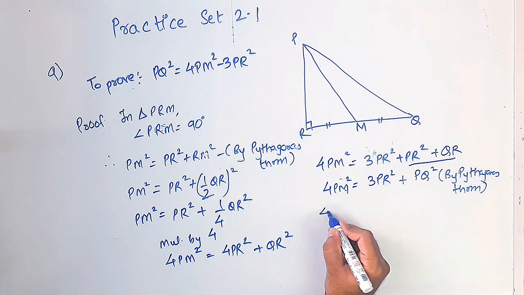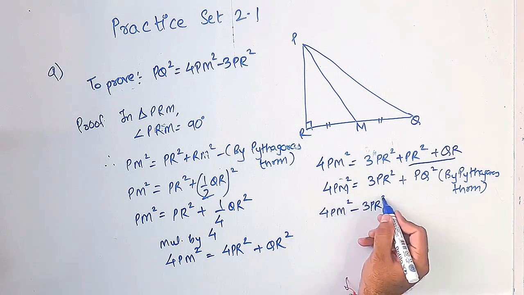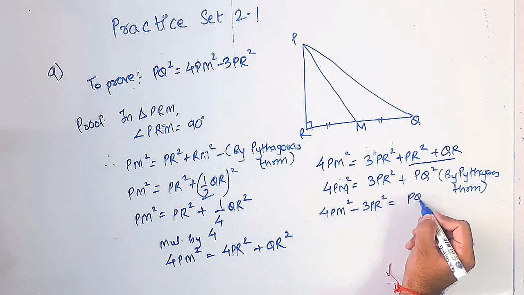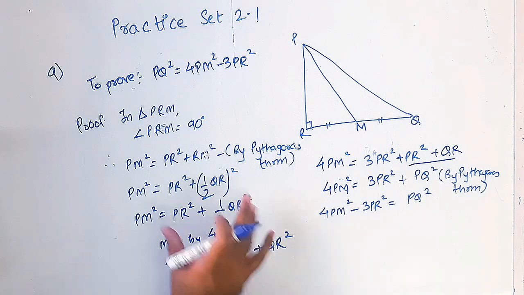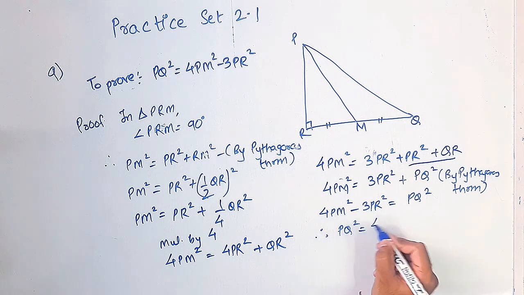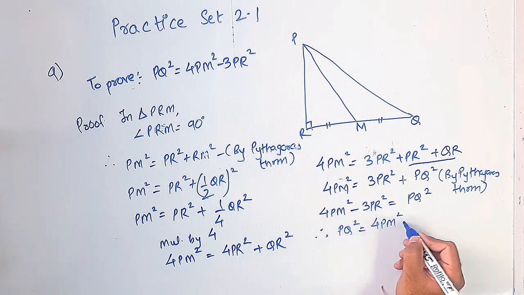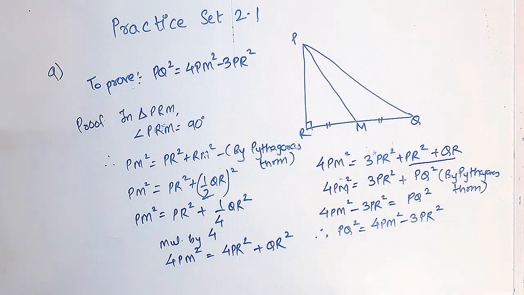Now if I send this here, 4PM square minus 3PR square is equal to PQ square. So we have come to this after following some simple steps. Therefore PQ square is equal to 4PM square minus 3 times PR square.